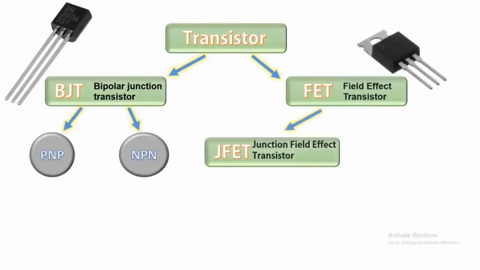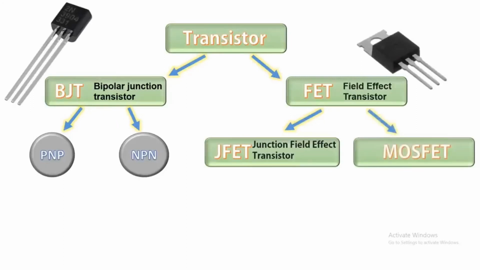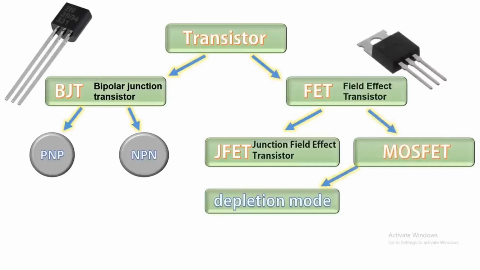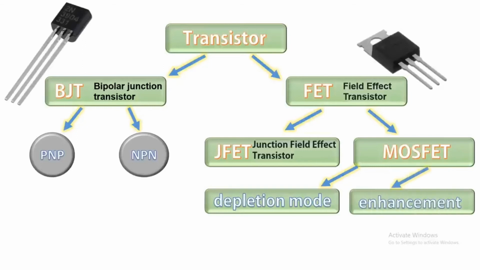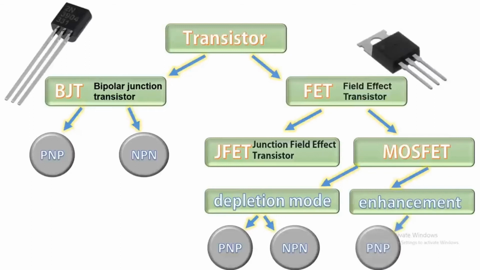Also the FET has two types: JFET, junction field effect transistor, and MOSFET transistor. The MOSFET has further two types: depletion mode and enhancement mode. These transistors further have two types: PNP transistor and NPN transistor. We will discuss in detail each type of the transistor in the coming video.